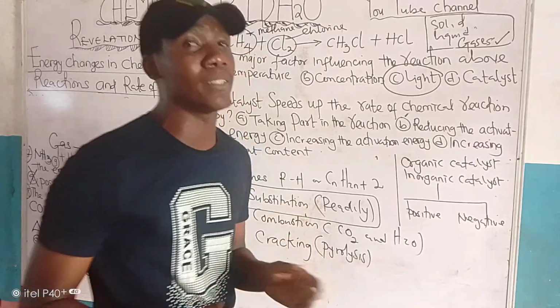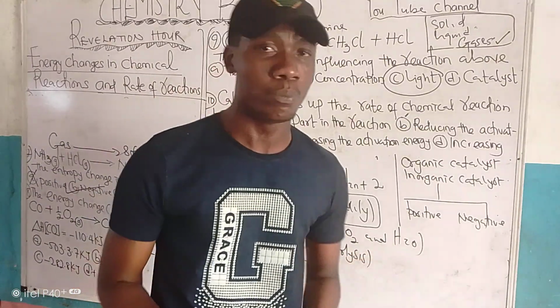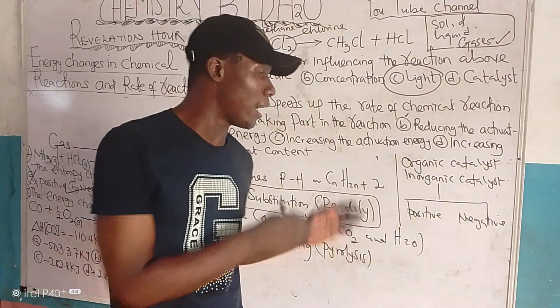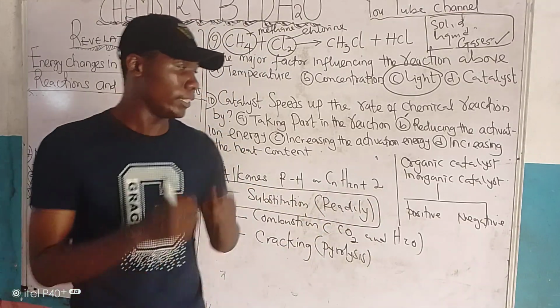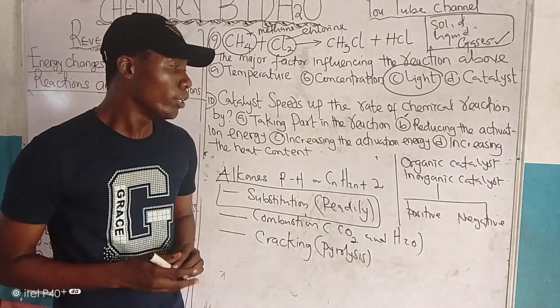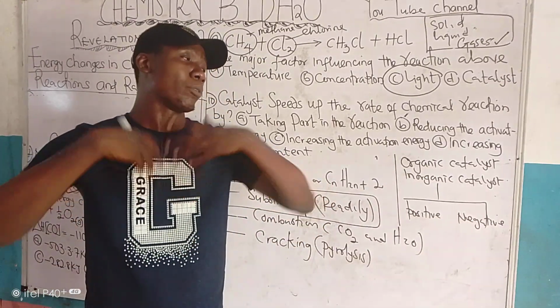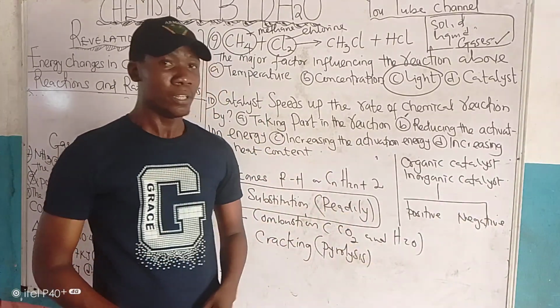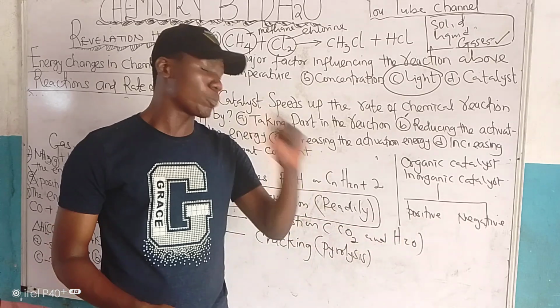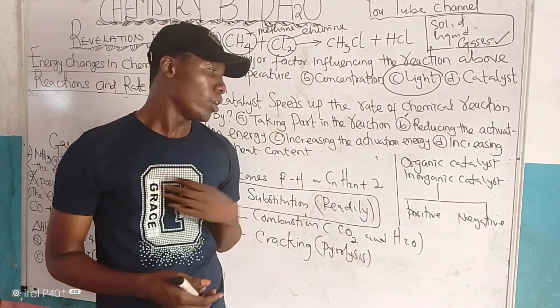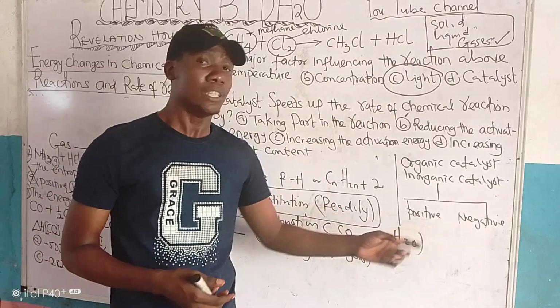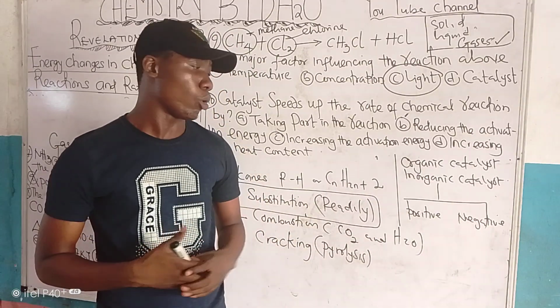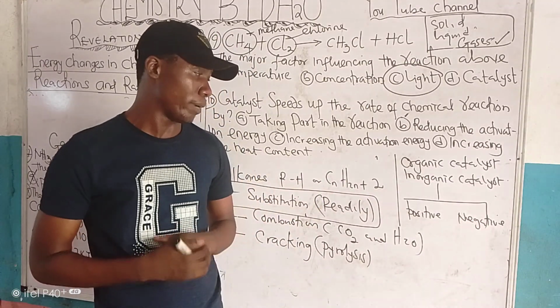A catalyst is a substance that alters the rate of chemical reaction but remains chemically and quantitatively unchanged at the end of the reaction. So if a catalyst alters the rate of chemical reaction, a catalyst can either speed it up or slow it down. A positive catalyst speeds up the rate of chemical reaction, but a negative catalyst reduces the rate of chemical reaction or reduces the speed of the chemical reaction.